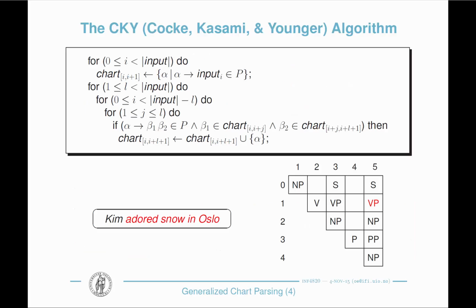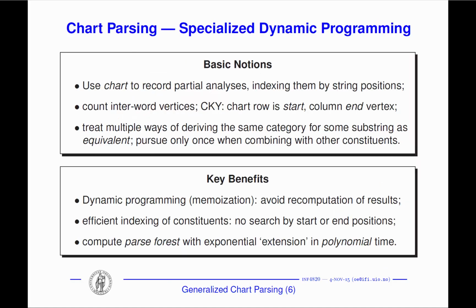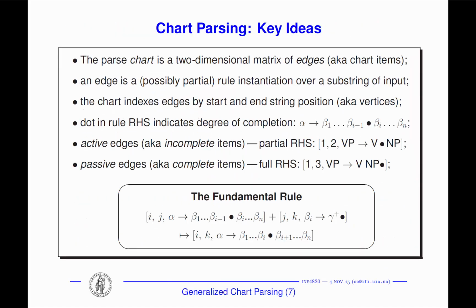I didn't comment on the polynomial time, but if we did the big O analysis, there are 3 nested loops, and they're all bound by the maximum length of the input. So if n is the length of the input, then we get n cubed as the time complexity bound for the CKY algorithm. And we'll again preserve that in the generalization.